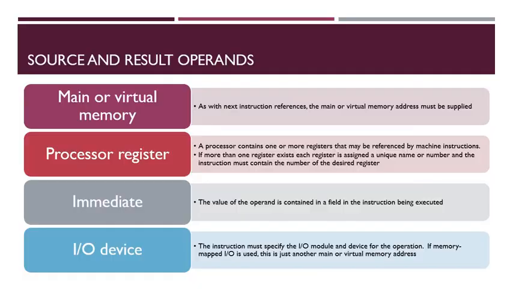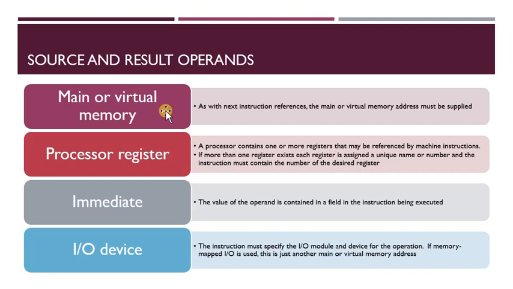There are 4 categories of source and result operands: main or virtual memory, processor register, immediate, and input-output device. For the main or virtual memory, the address is located inside the machine instruction.